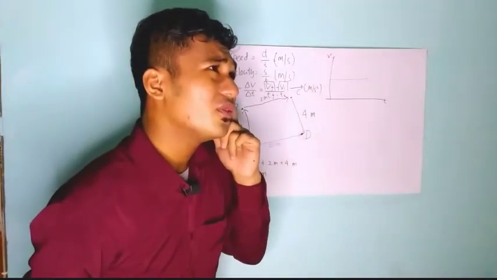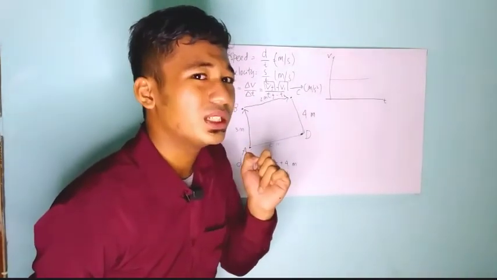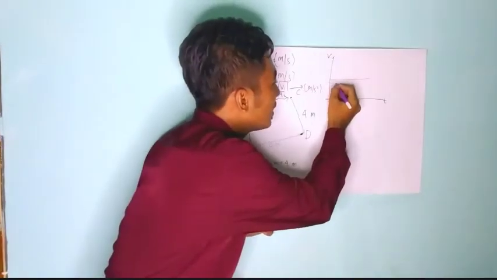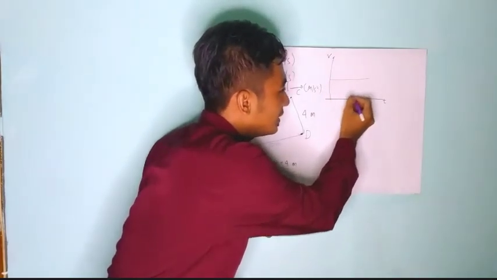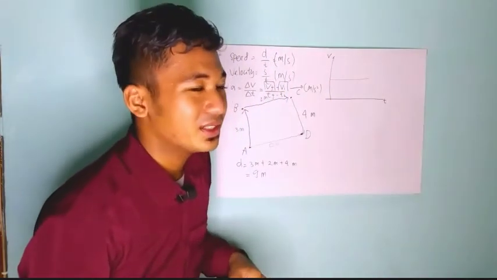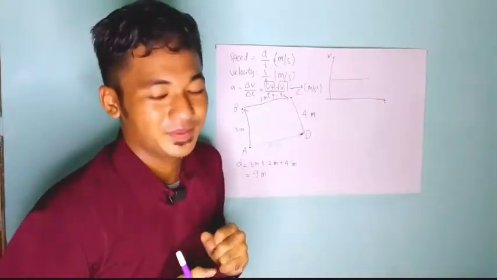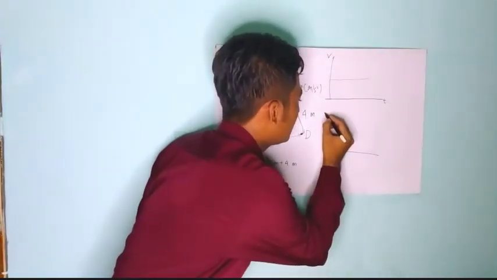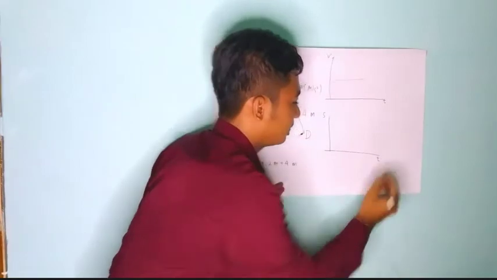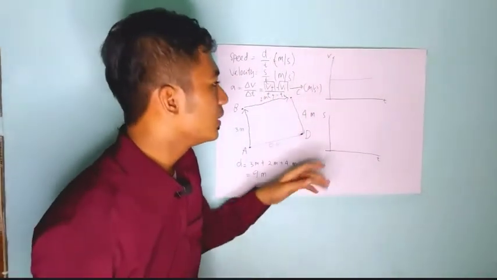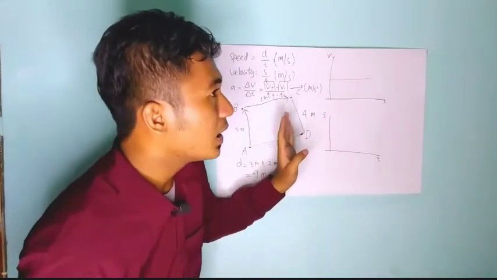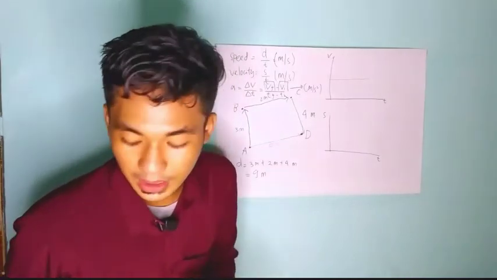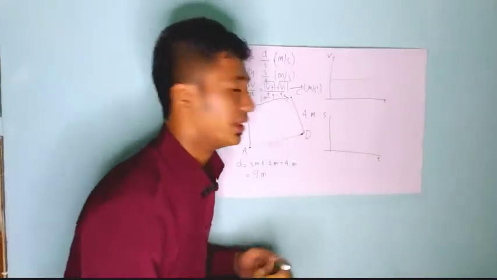And if you want to know the displacement, the area of this square is this times this. And then how about the graph of displacement and time? Remember that in uniform linear motion the velocity is constant. So the graph is like this.